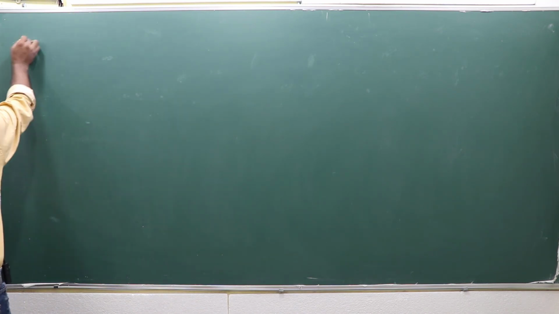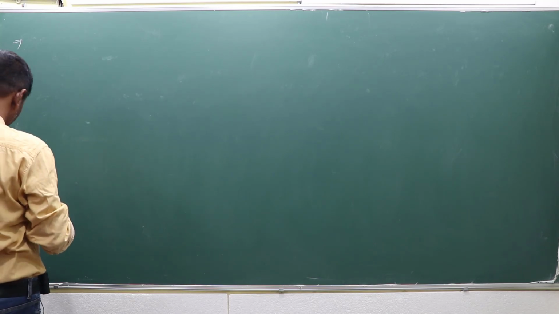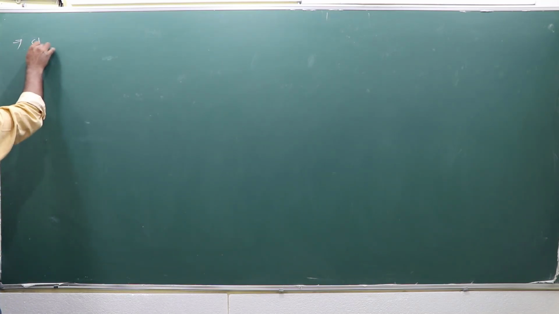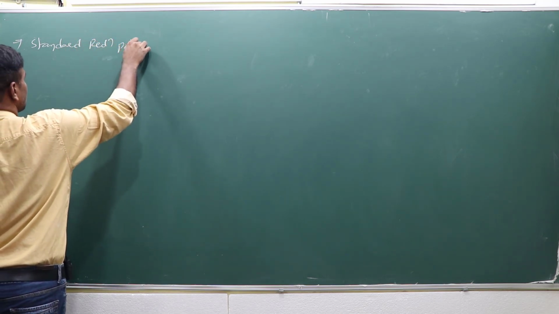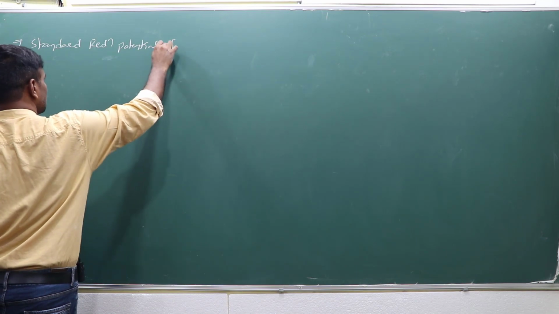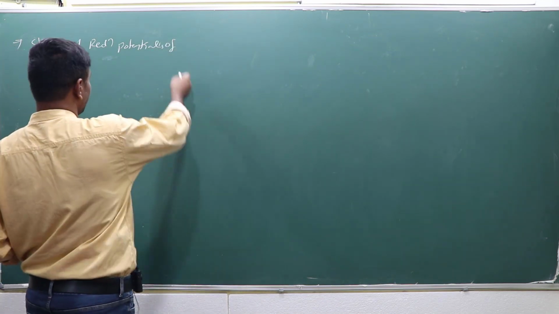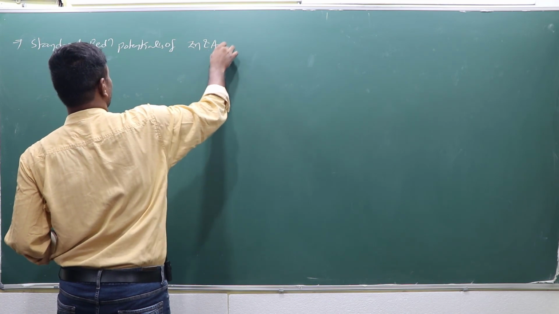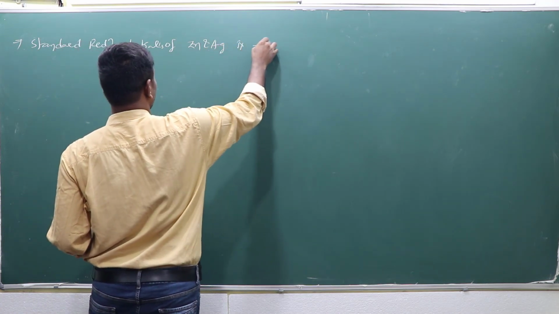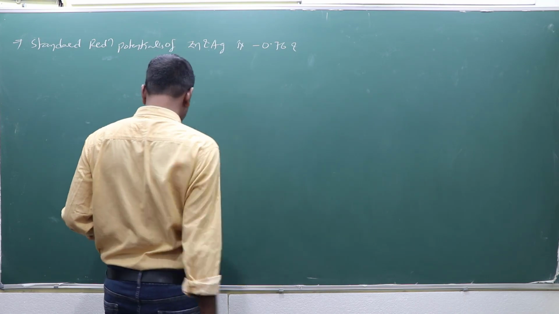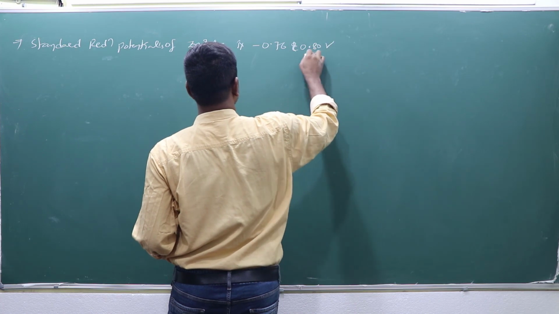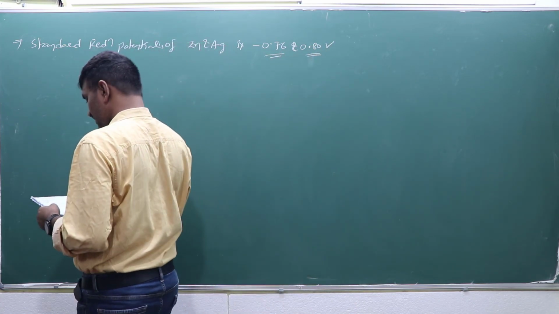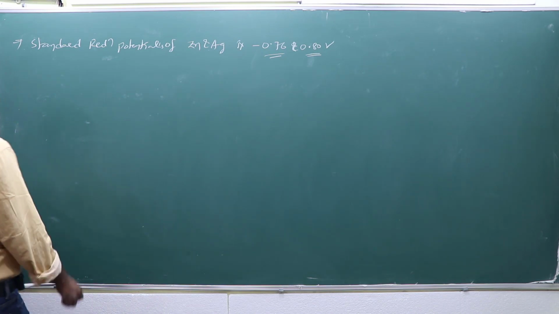Next problem, you read the next problem and write it with me. Standard reduction potentials of zinc and silver are minus 0.76 and 0.80 volts respectively.